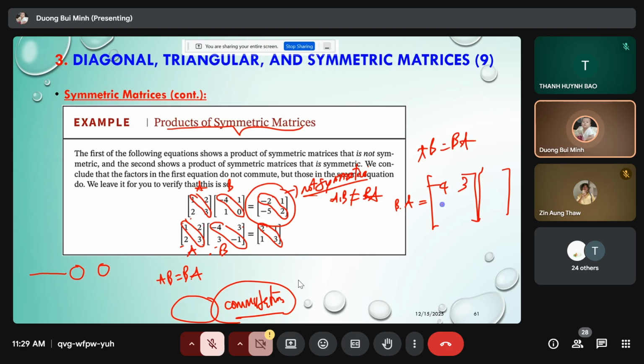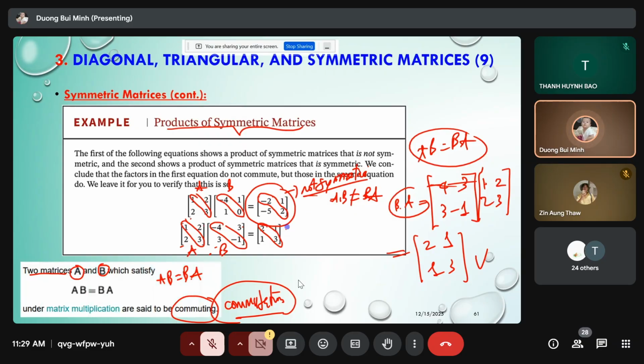This one times this one, minus 4, 6, get 2. This one times this one, minus 3, 9, you get what? This one times this one, 1. This one times this one, 6, minus 3. Okay, the same. So B times A equals A times B, and we say A commutes with B or vice versa.